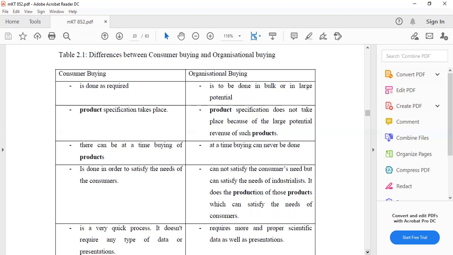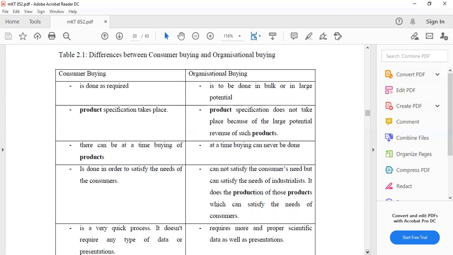Then we say there can be at-a-time buying of the products in the consumer buying column. Then in the organizational buying column, we say that at-a-time buying can never be done.